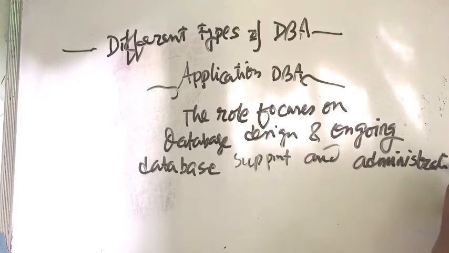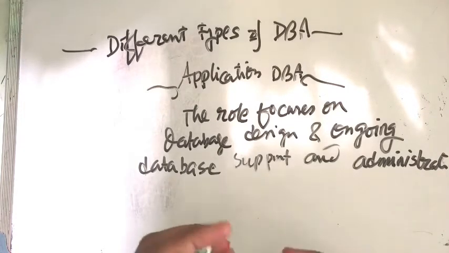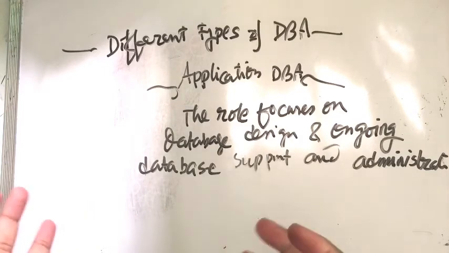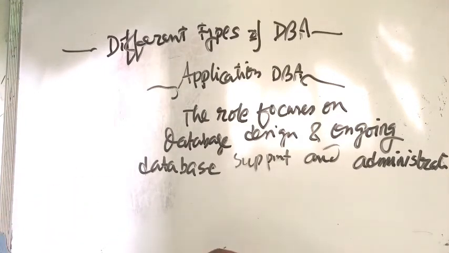This is a part of the application. So these are the tasks of the application DBA: focus on database design and ongoing database support and administration. Application oriented tasks such as improvement of the application program or view level.